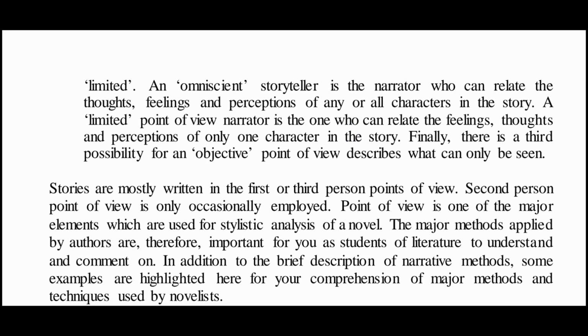An omniscient storyteller is the narrator who can relate the thoughts, feelings, and perceptions of any or all characters in the story. A limited point of view narrator is one who can relate the feelings, thoughts, and perceptions of only one character in the story.